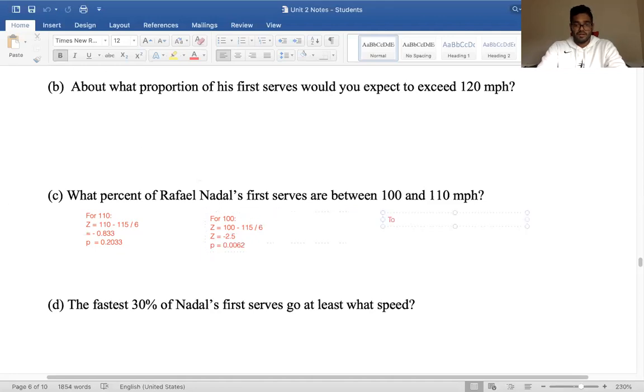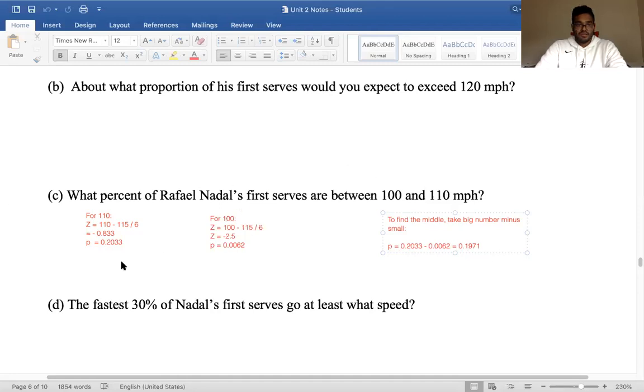So to find the middle, take big number minus small. So you have 0.2033 minus 0.0062, which gives you a probability of 0.1971.